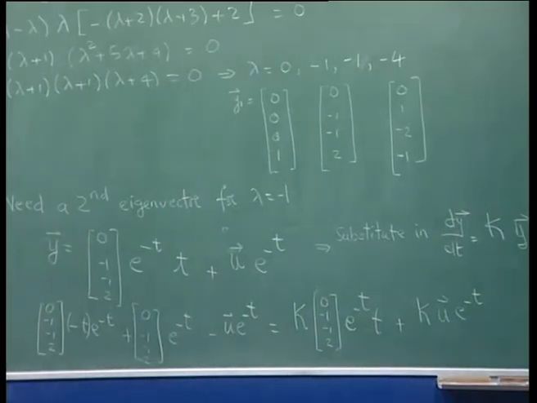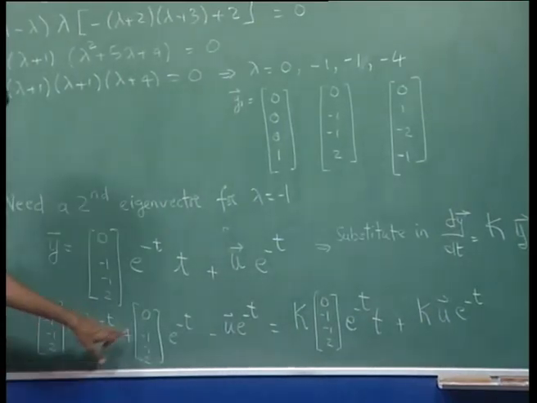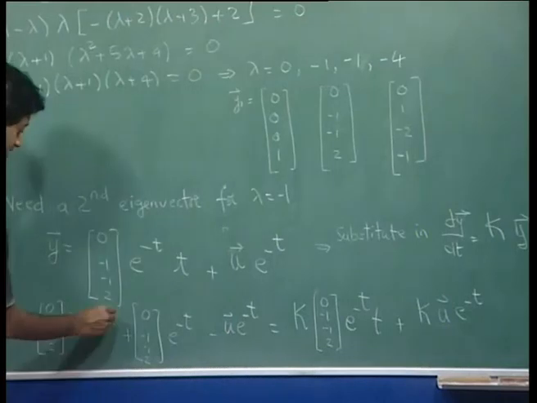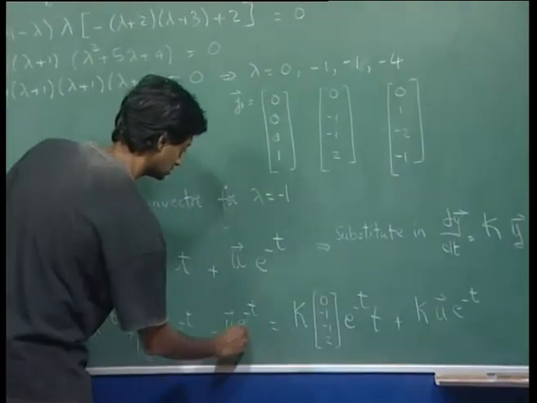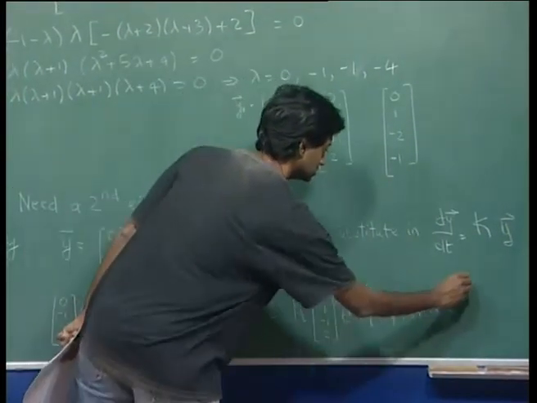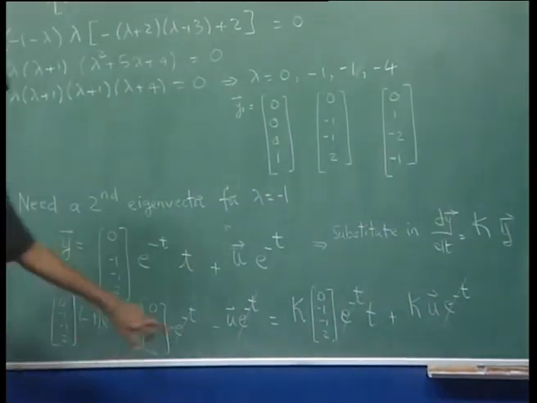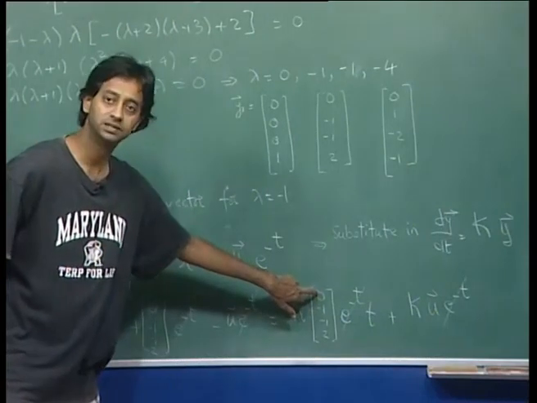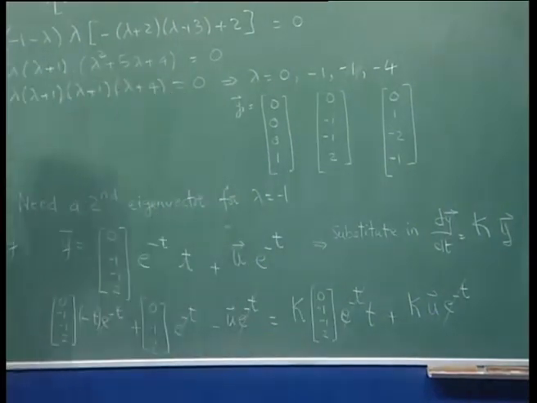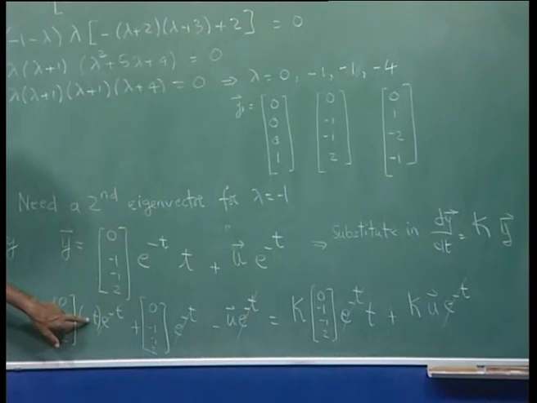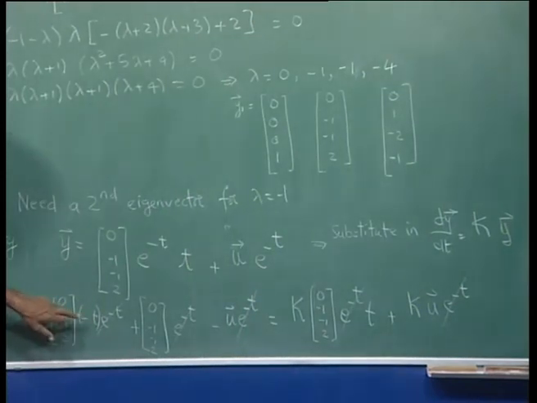Okay. Now I can cancel each of the e to the minus t's everywhere. And I also notice that this is k times the eigenvector multiplied by t, and this is lambda, that is minus 1, multiplied by the eigenvector into t. Okay.